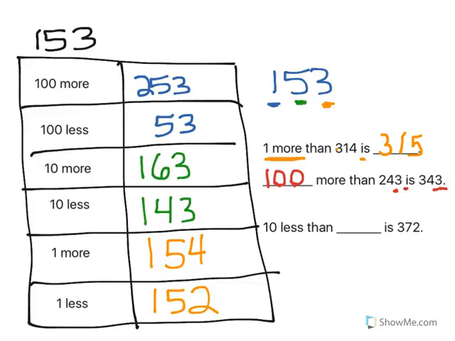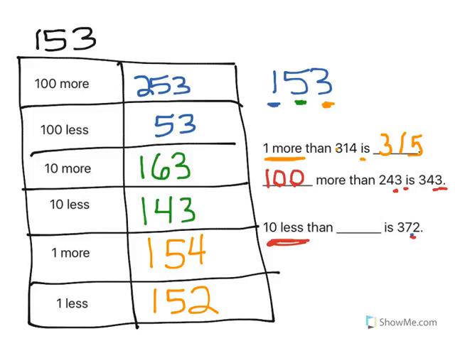For my next problem, I'm looking at 10 less. 10 less than blank is 372. Well, I know I'm using the tens place. So that actually means that I'm adding 10 on to my tens place. And in my tens place is 70.